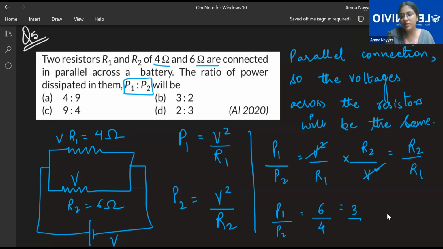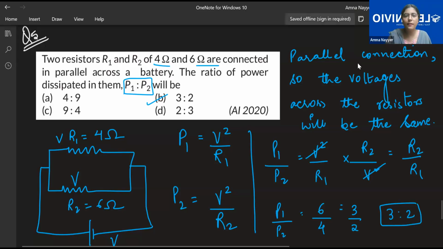So the ratio is 3:2. B option. Okay, this is a question from the 2020 paper. Is that clear to all? Got it? Yes, ma'am. Okay.